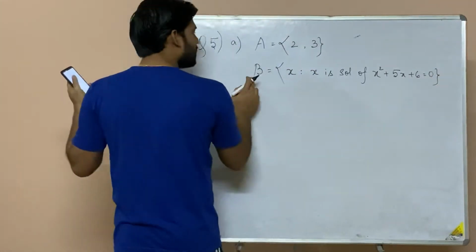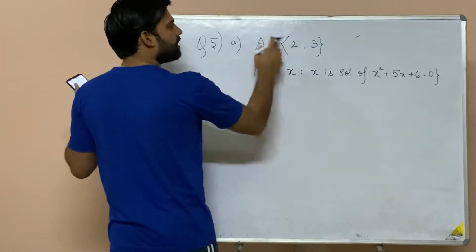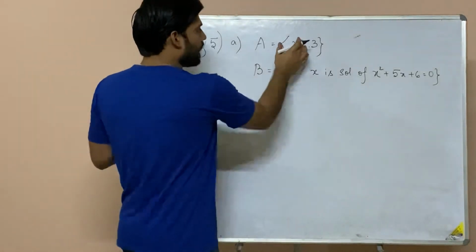Now this is set B given in set builder form, and set A given in roster form. So roster and set builder form.